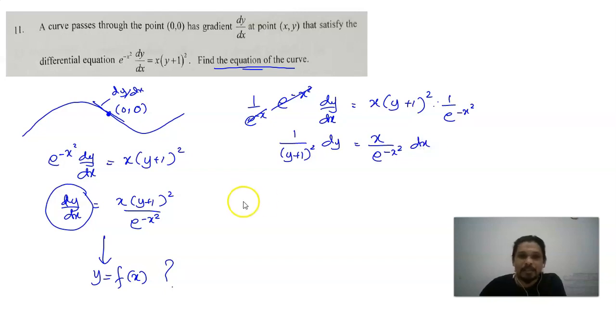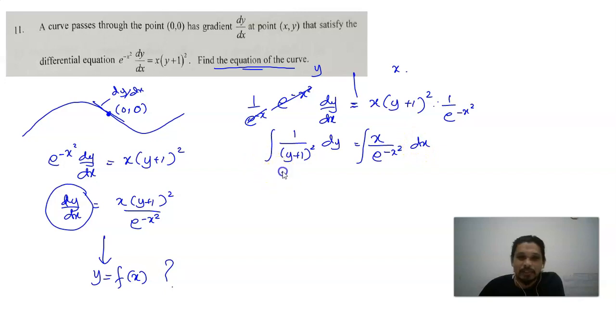Okay, so integrate left and right. As you can see here now, on the left side is all the variable y, and on the other side is all the variable x. Do you find any variable x left here? No, right? And also it's all x on the right side.